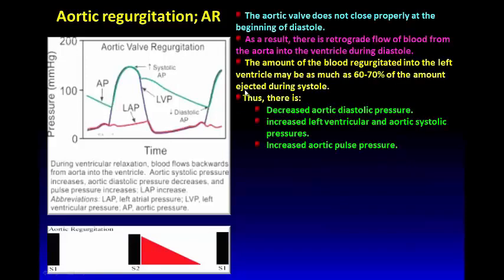The incompetent aortic valve doesn't close properly when it is supposed to close. The aortic valve should be closed at the beginning of diastole to prevent backflow of blood from the aorta into the left ventricle. However, in cases of aortic regurgitation, the valve is incompetent, and as a result there is retrograde flow of blood from the aorta into the left ventricle during ventricular diastole.